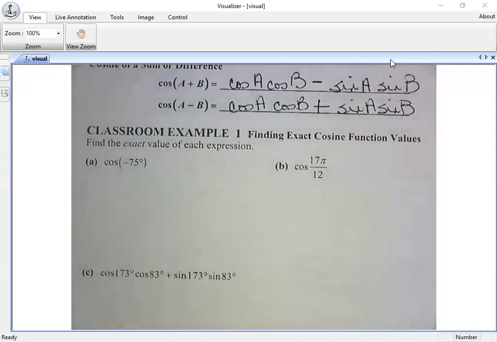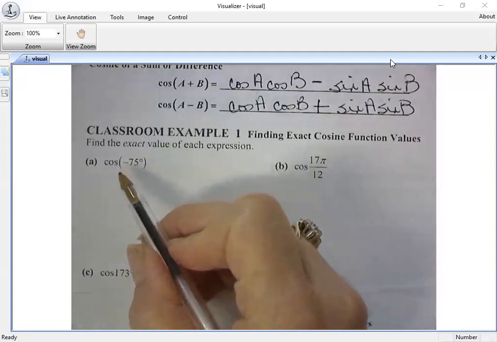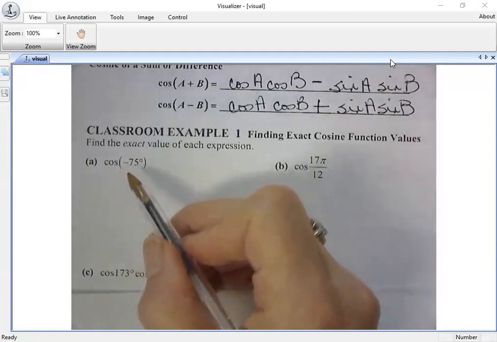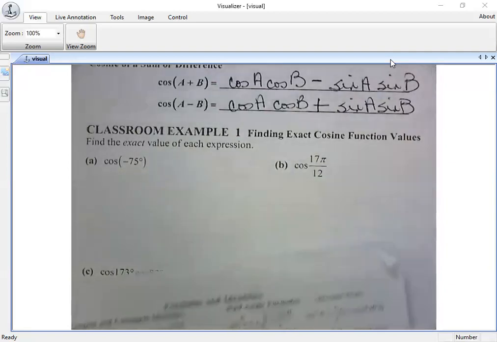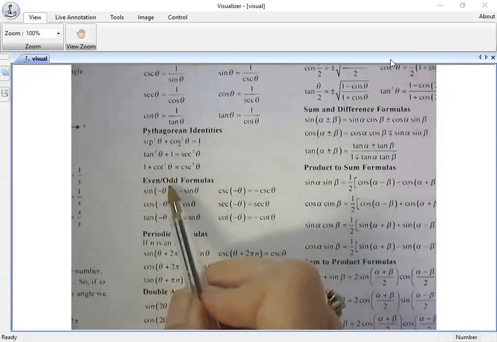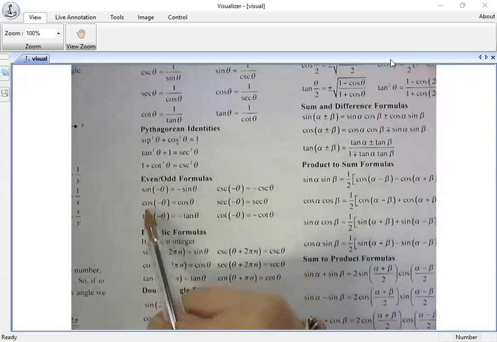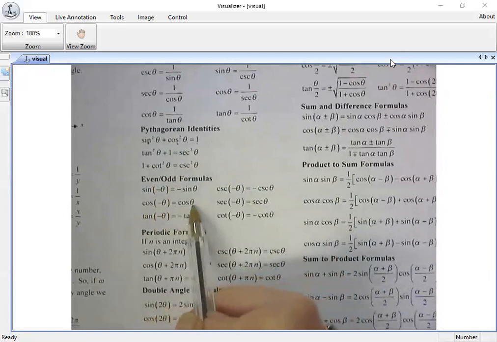All right. So, here's one thing we might want to consider doing. Does it bother you a little bit? There's a negative sign there. No? Okay. Just means it's spinning the other way. That's true. And we could actually put these in the quadrant and we could work with it that way. Here's the other thing we could do. Remember how we talked about the even and odd formulas? If I have the cosine of a negative angle measure, it's going to be equal to the cosine of that positive angle measure.